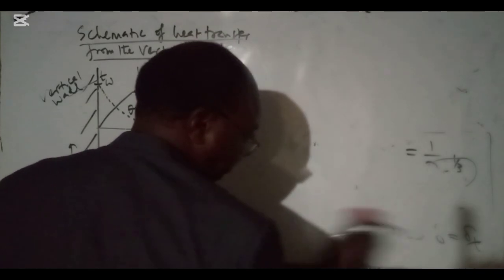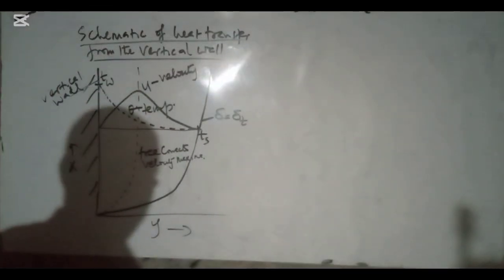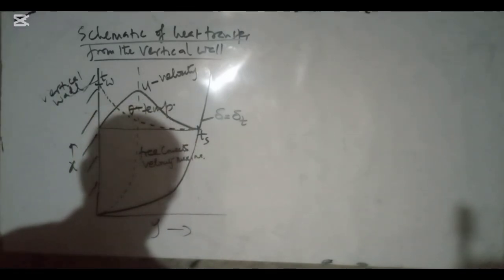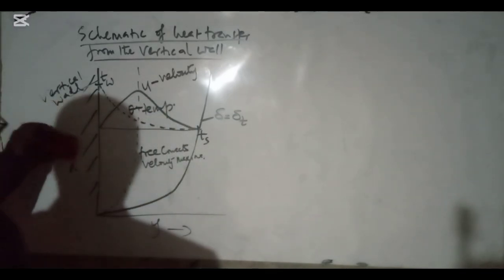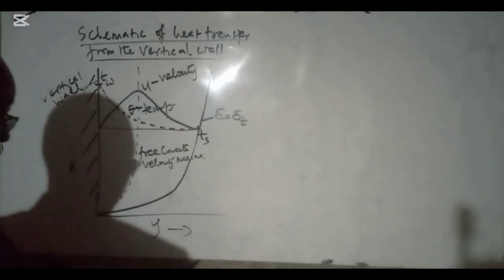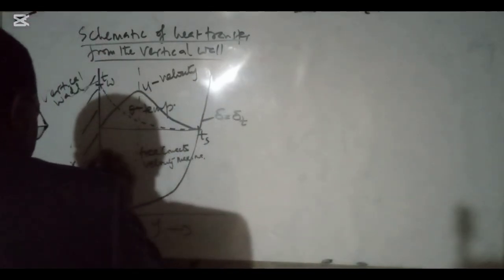Now, for laminar flow, it has been derived very easily. Remember, this x is the distance from the bottom, the top of the heated wall.